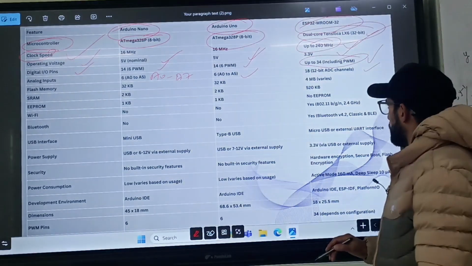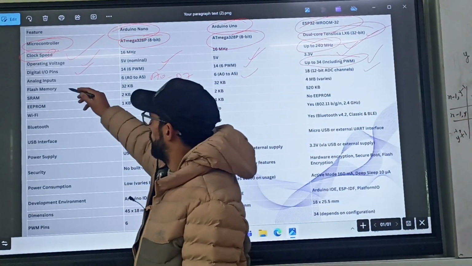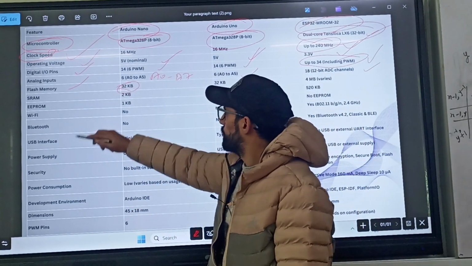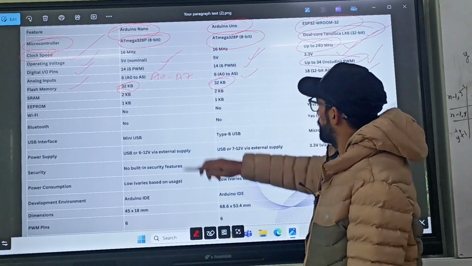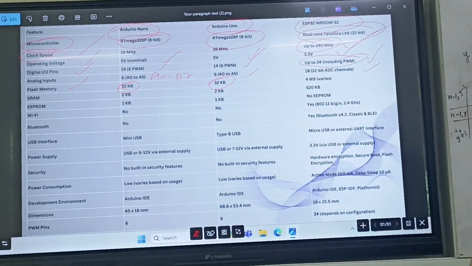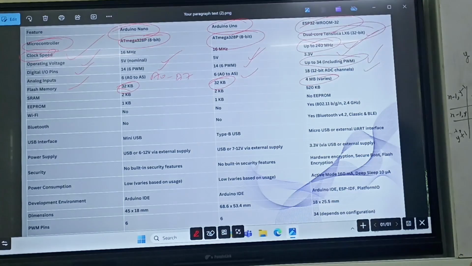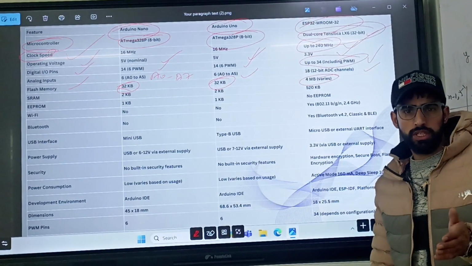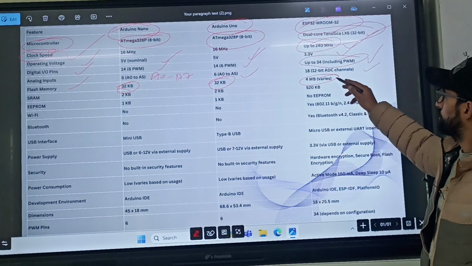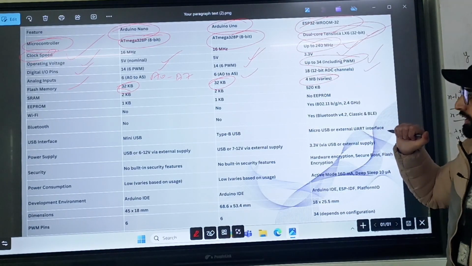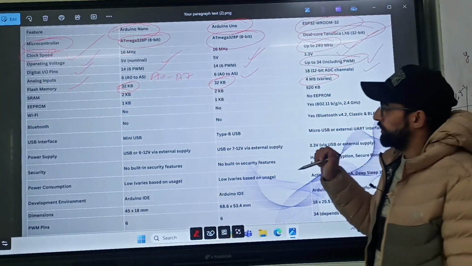Now talking about the flash memory. The flash memory of Nano is 32 KB, and Uno has the same 32 KB, but ESP32 has 4 MB. It varies between different variants. Now talking about the SRAM.